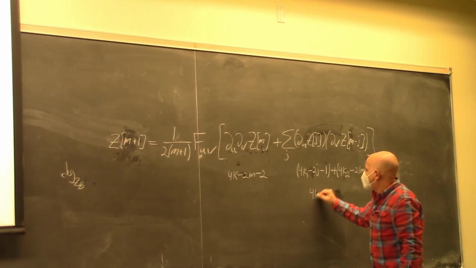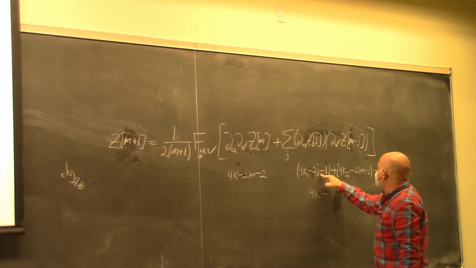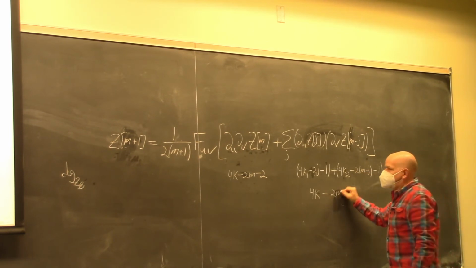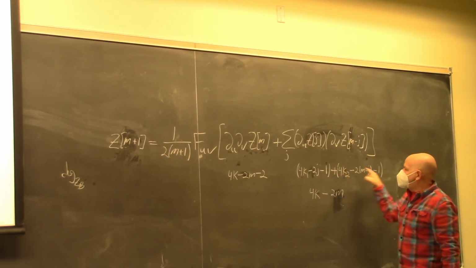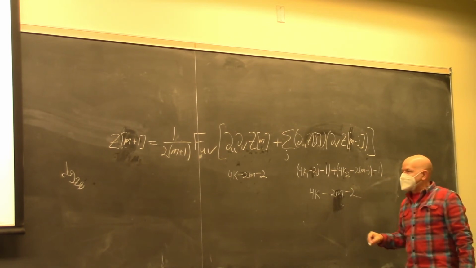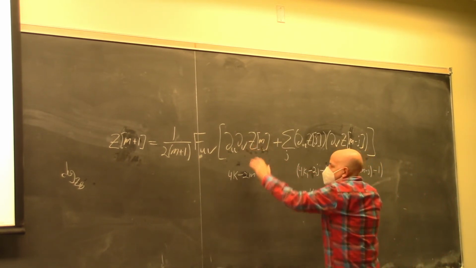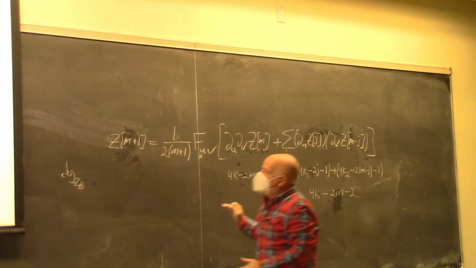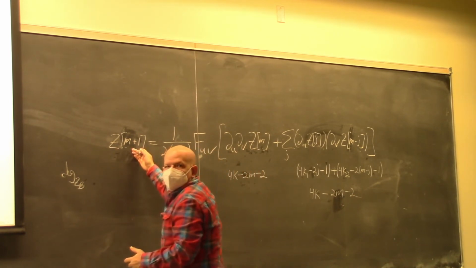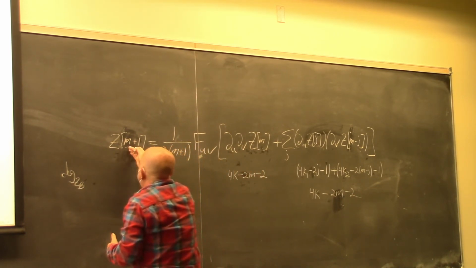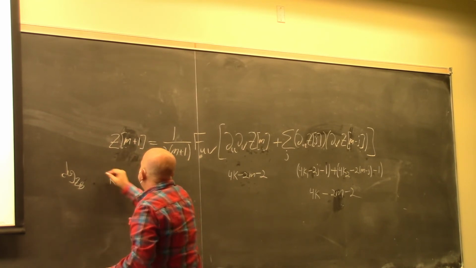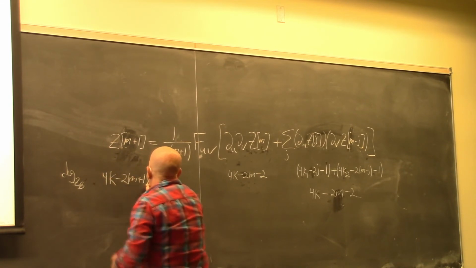So that's 4k minus 2j minus 2m minus j, so that's just minus 2m. And minus 1 is minus 2. So these two terms are of the same degree, and that's their degree. But that's exactly what I wanted, because here the power of epsilon is going to be still k. So 4k minus 2 times m plus 1, and that's exactly that.